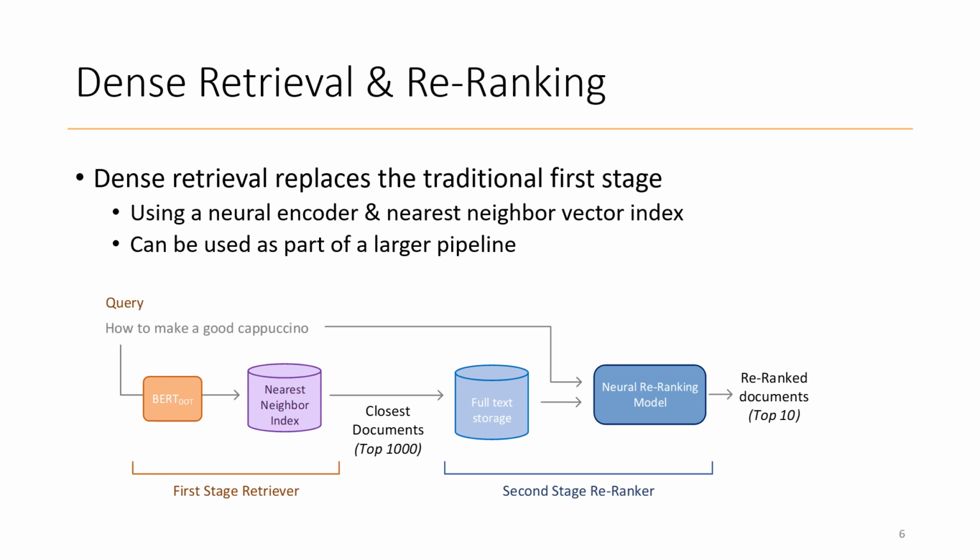So here in this case, we still have a second stage re-ranking model, but the first stage is now a nearest neighbor index.